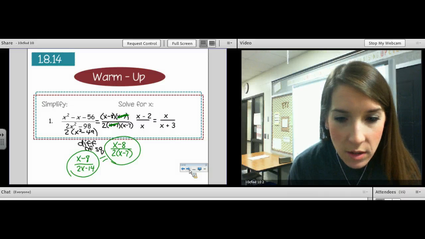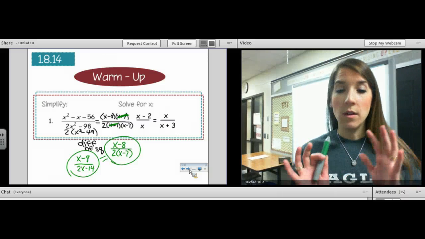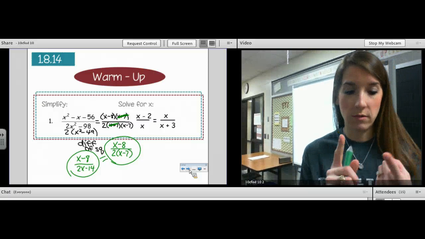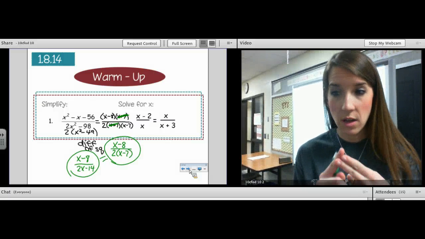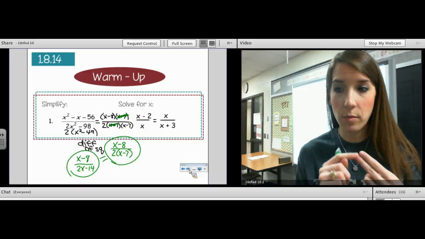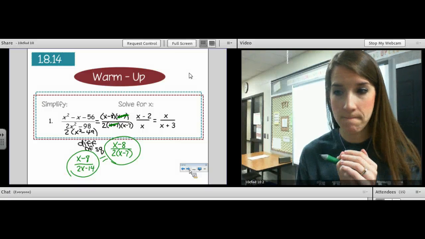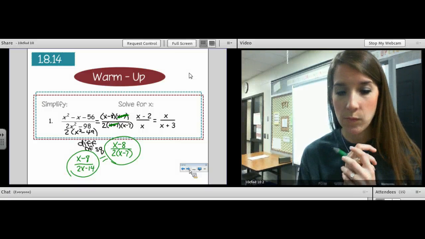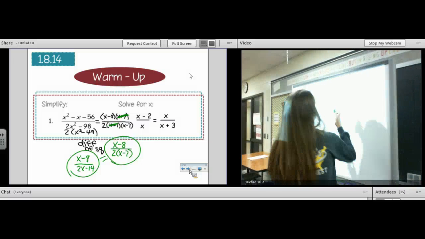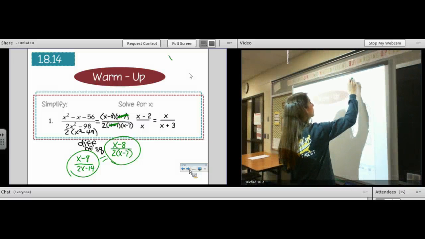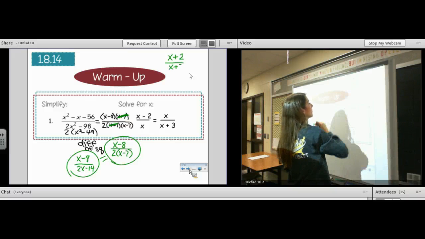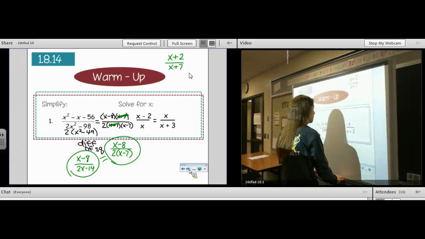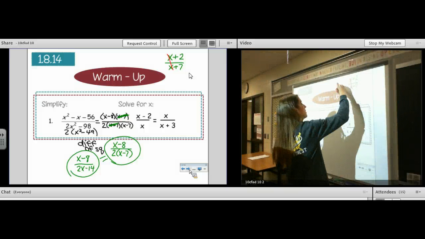You can't cancel. No, wait. You can cancel over division and multiplication. You cannot cancel over adding and subtracting. Let me show you the difference. You cannot cancel those x's out.